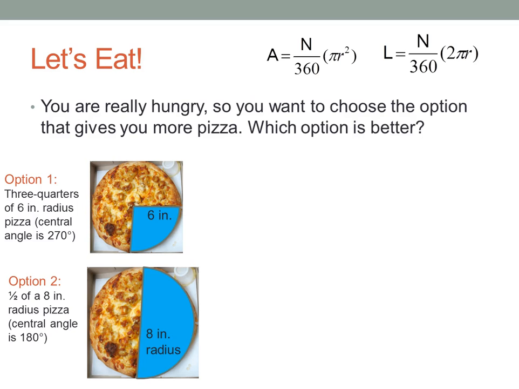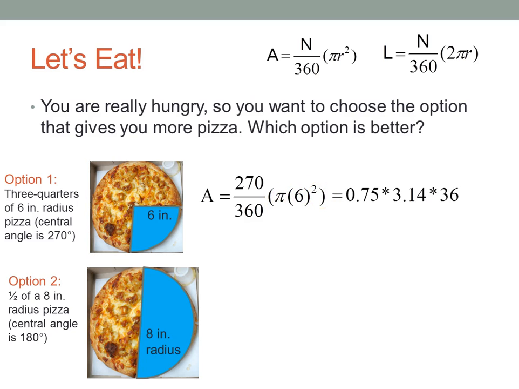So the area of a sector for the first one, I'm going to use my area formula. So my central angle is 270 degrees. I put 270 over 360, and now I want to multiply that by the area of the circle, which is pi r squared. In this case, pi times 6 squared.